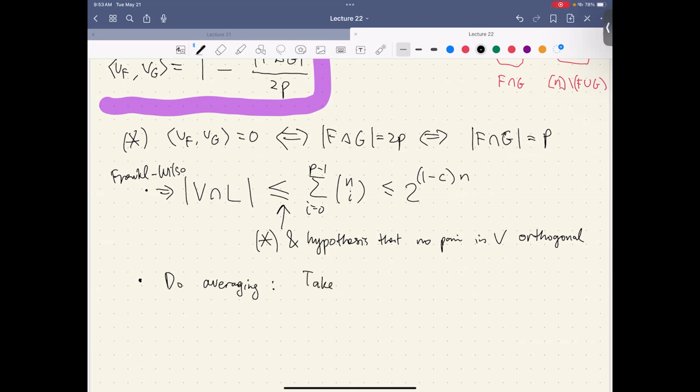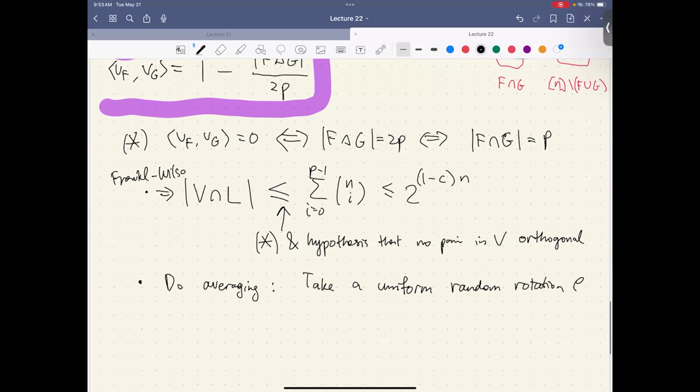Take a uniform random rotation rho. Then V intersect rho L, this new rotated random set L, still satisfies that. This is still true for every outcome.